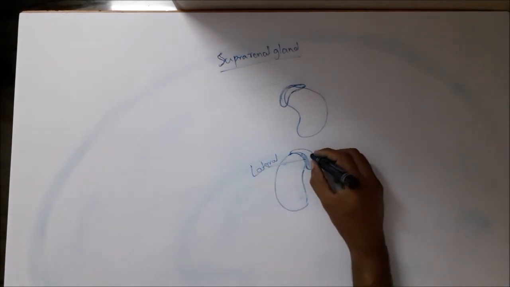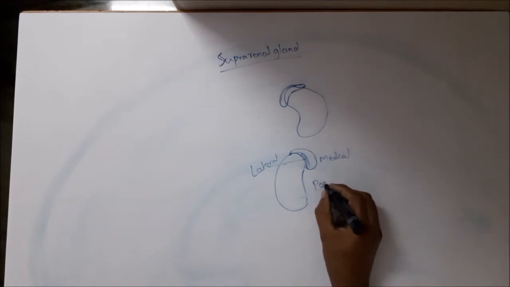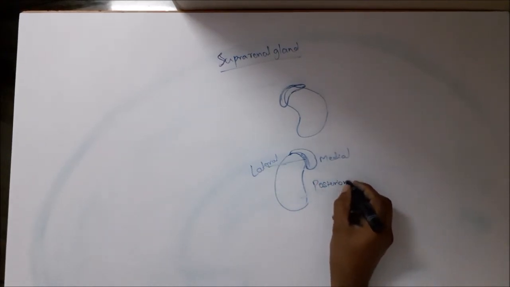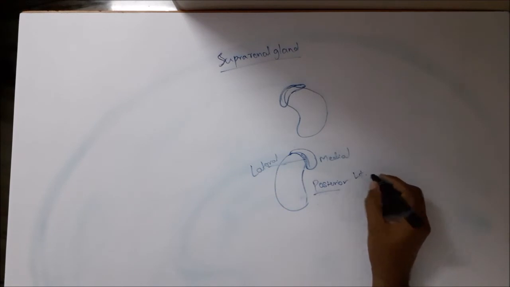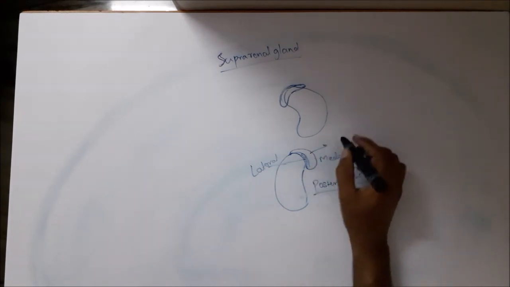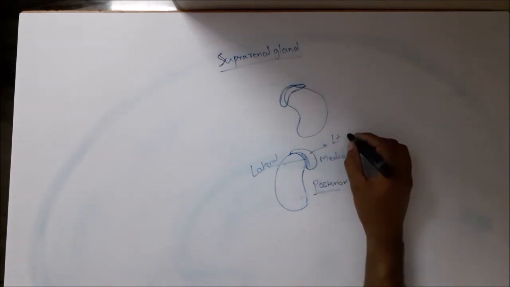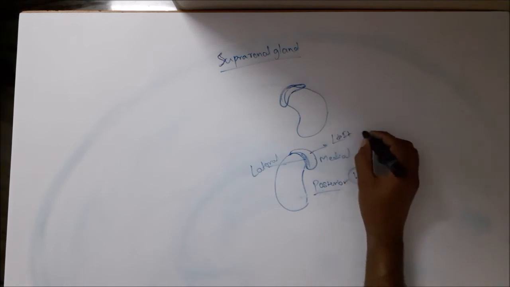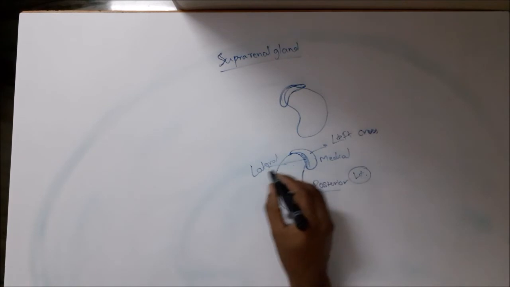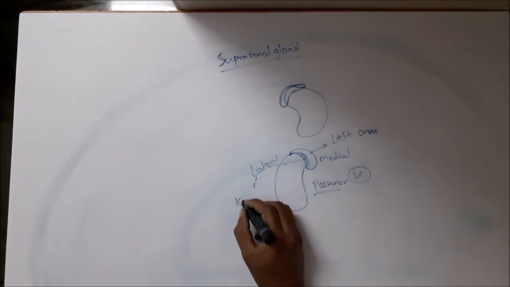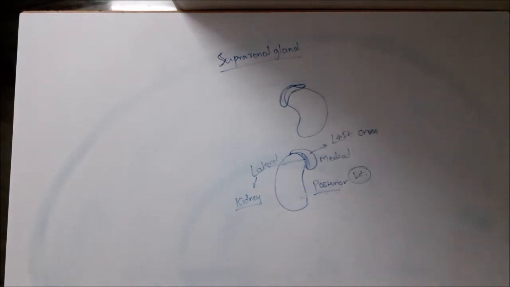The medial part of the posterior surface of the left suprarenal gland is related with the left crus of the diaphragm, and the lateral part is related with the left kidney, the anterior surface of the upper part of the left kidney.